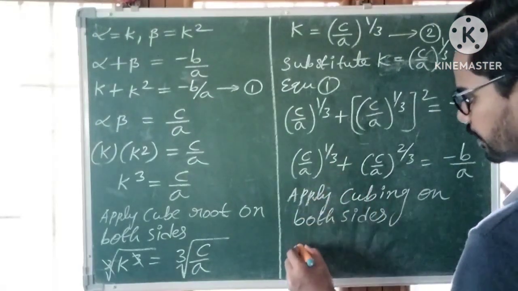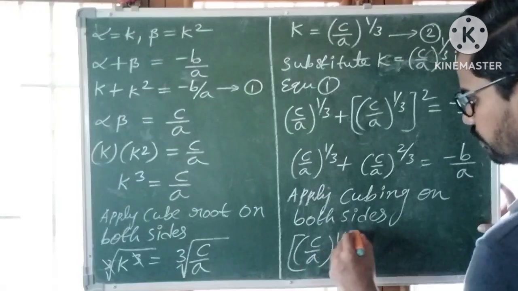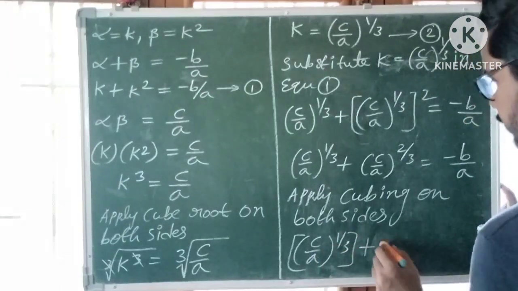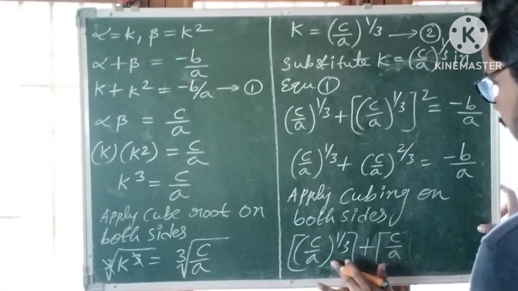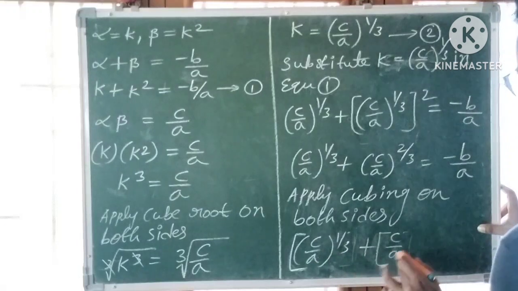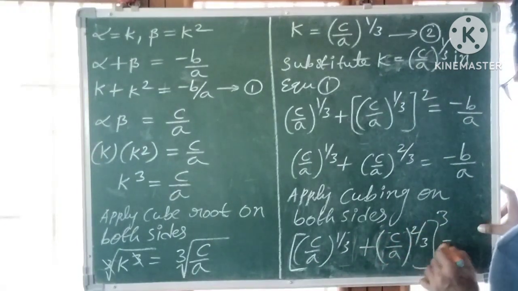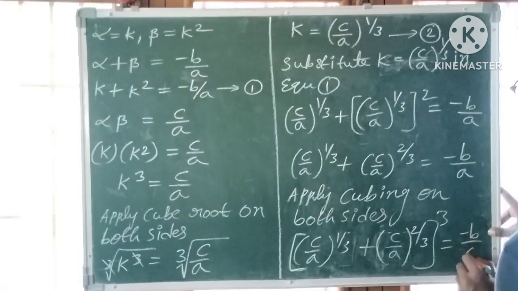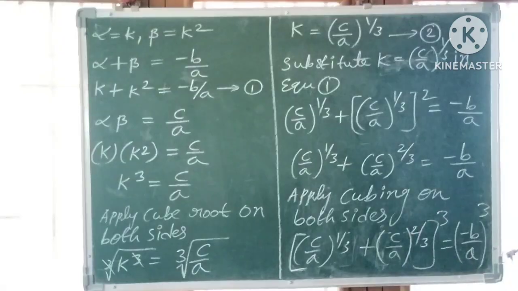So applying cubing, we get C by A whole power 1 by 3 plus C by A whole power 2 by 3, whole cube, is equal to minus B by A whole cube. Simply apply cubing on both sides.